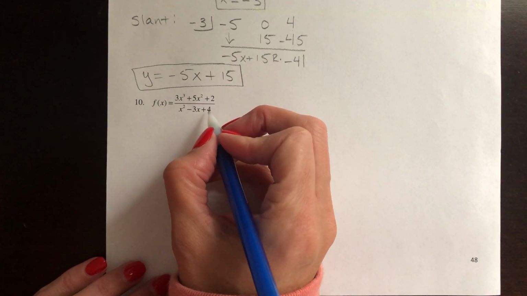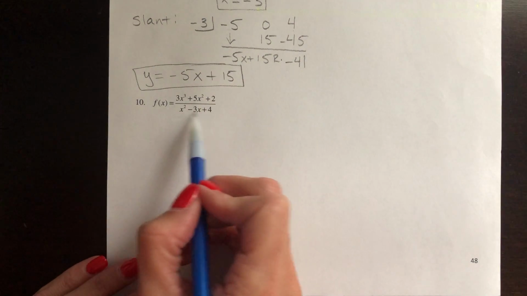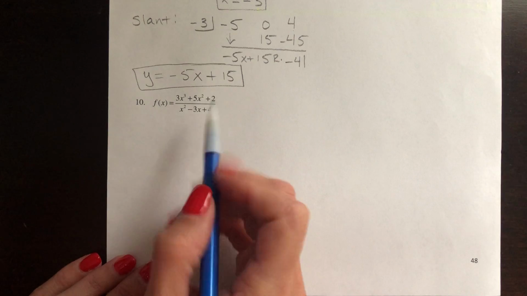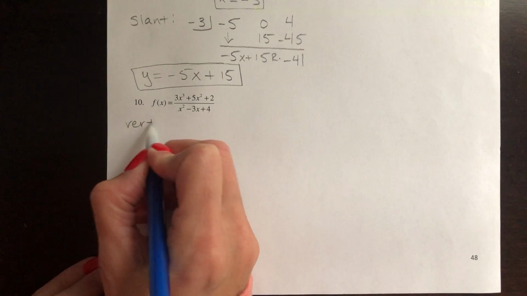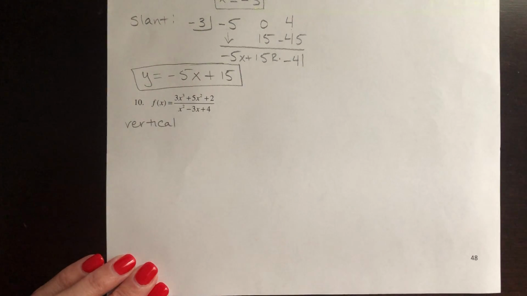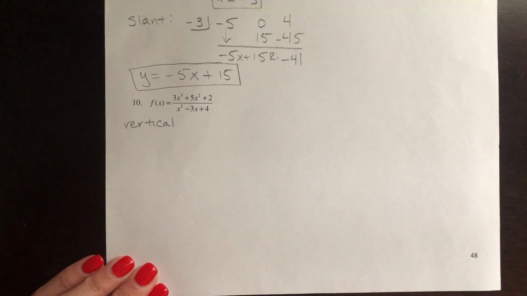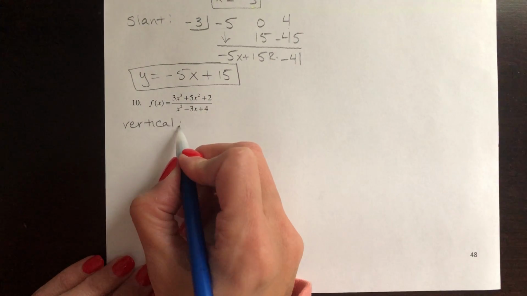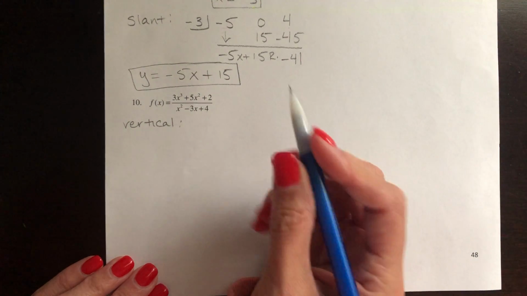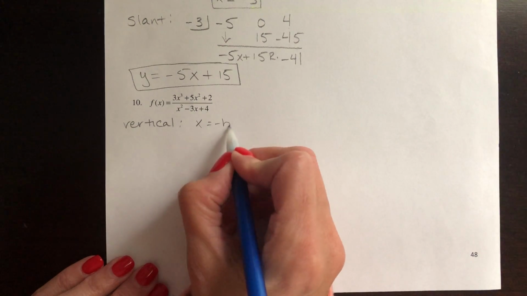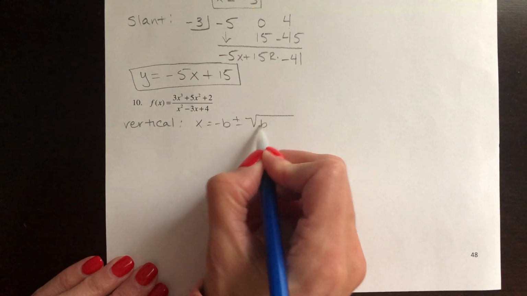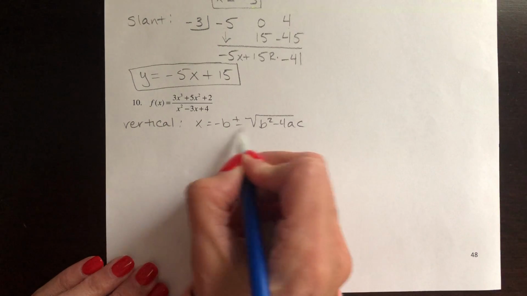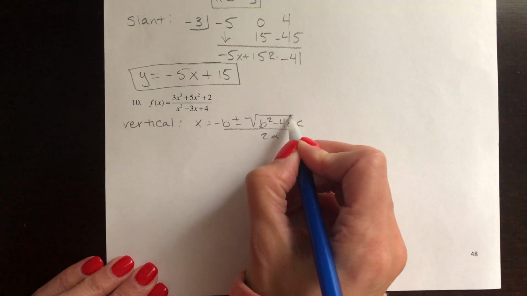Okay, so this ends up not being factorable. So to find our vertical asymptote, we can't factor it because it's not factorable. So we would have to use the quadratic formula. -b plus or minus square root of b squared minus 4ac over 2a.